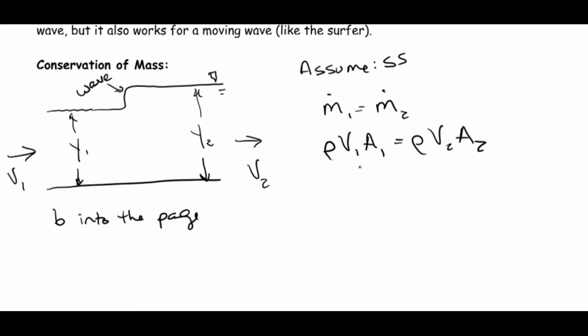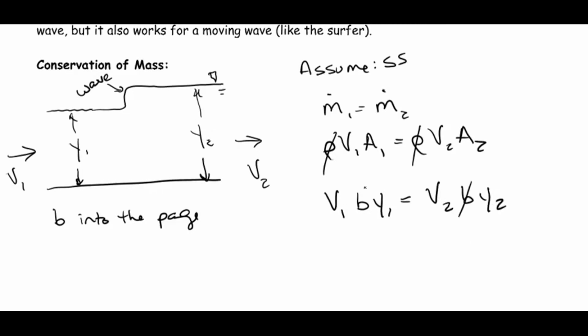First of all, it's incompressible, so we can cancel the rho's. And then we can substitute in our A. If this is a rectangular channel into the page, then we have V1, and our A is just going to be b times y1. And if we look at V2, the area right there is now b times y2.